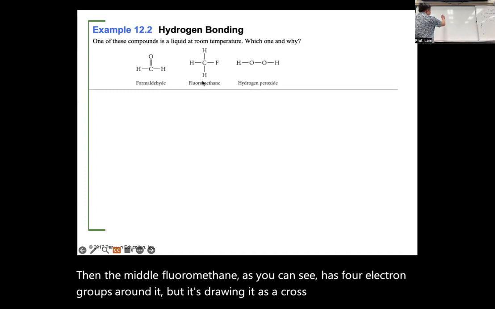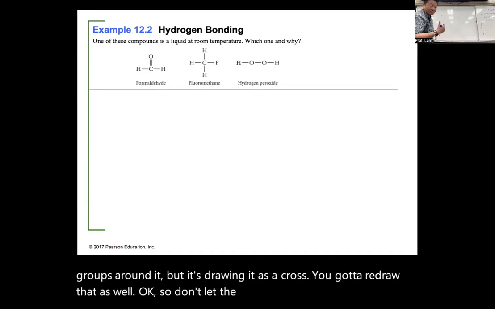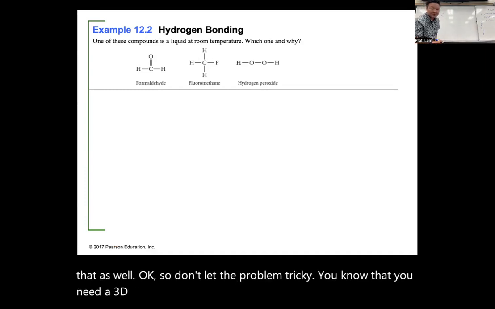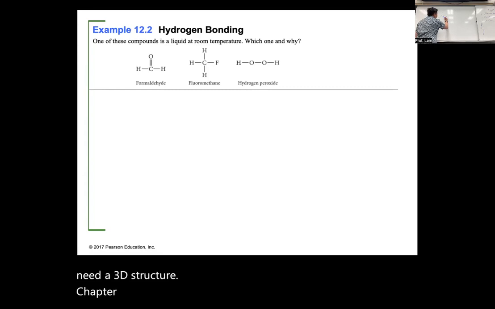You've got to redraw that as well. So don't let the problem trick you. You know that you need a 3D structure. Oh, CH3F, that one is called fluoromethane.